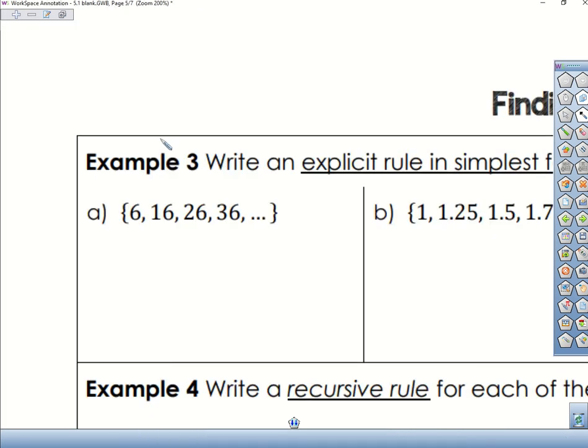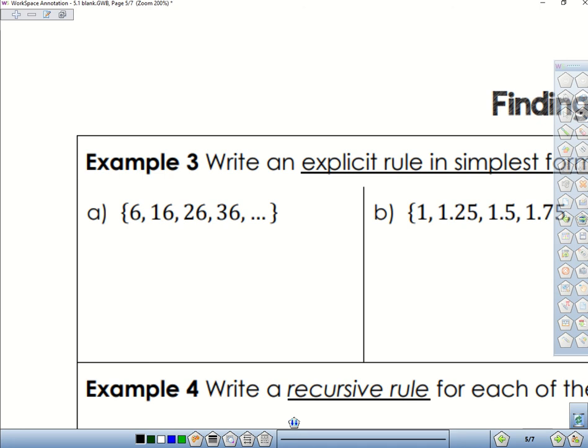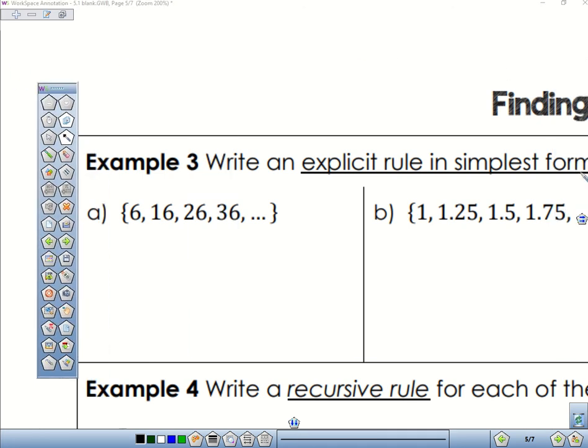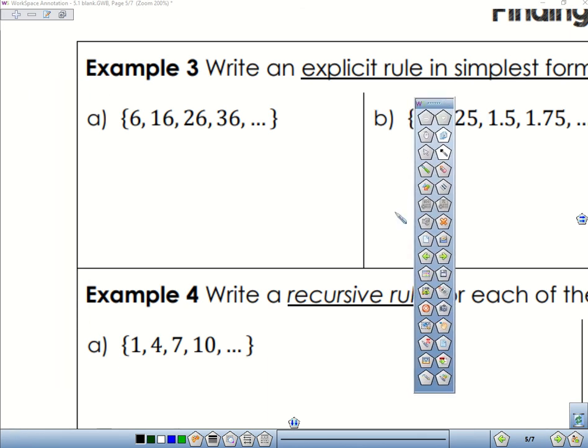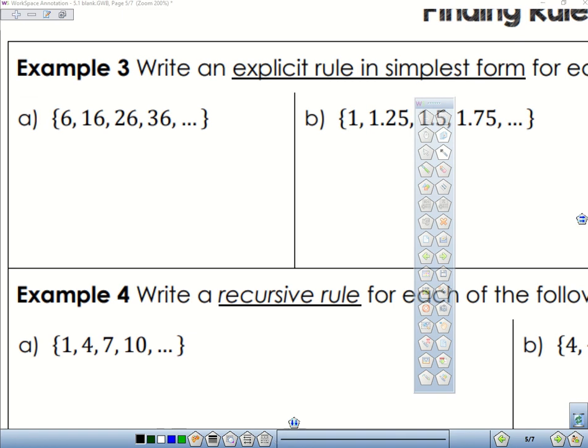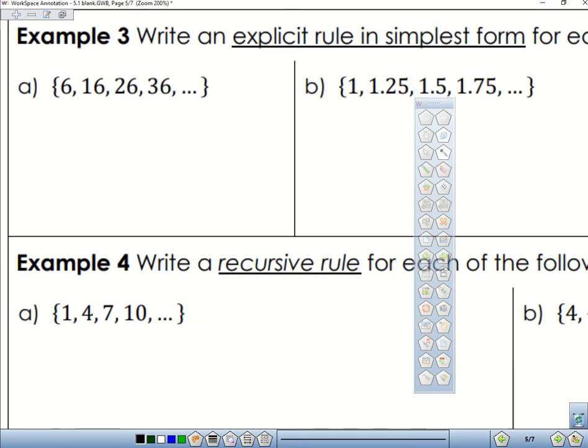Alright, so let's go ahead and actually write the explicit rule this time. So now we're going to work backwards. Now we're given the actual terms, and we're going to find the rule. And not only do they want us to write the rule, they want us to write the rule in simplest form. So I'll talk about how that works as well.